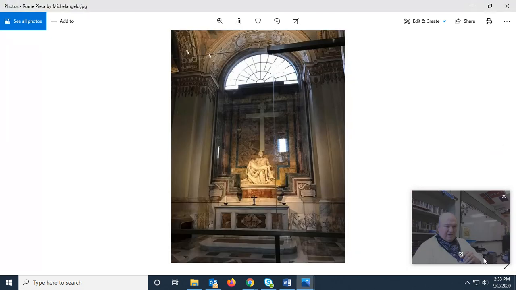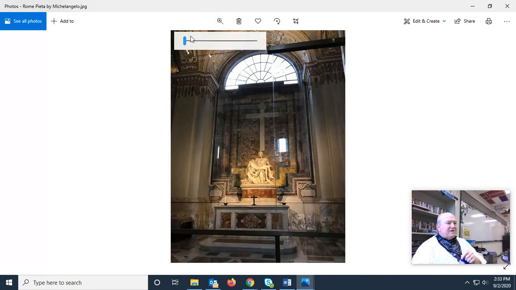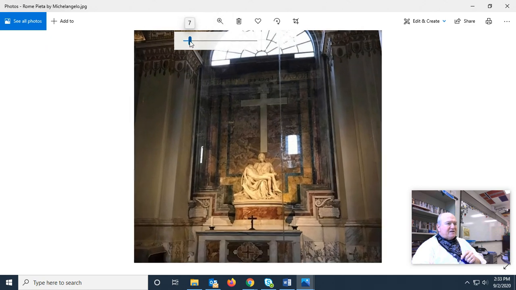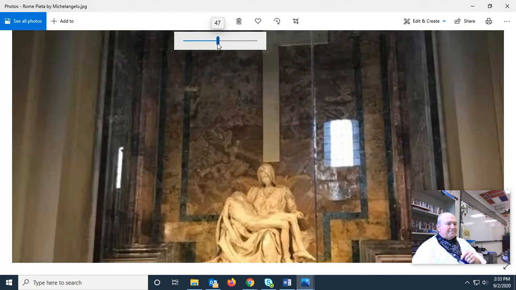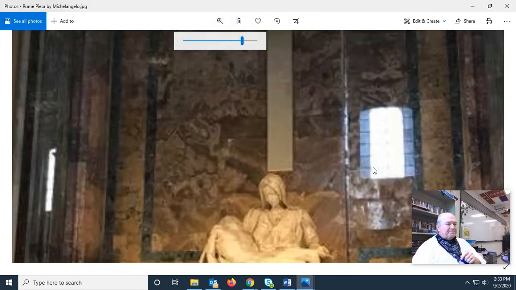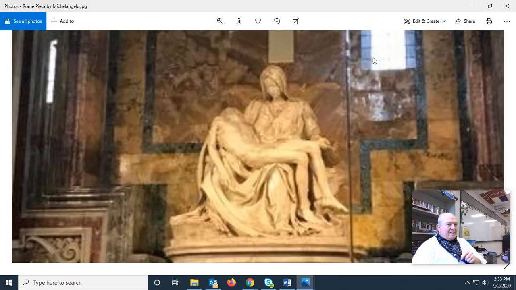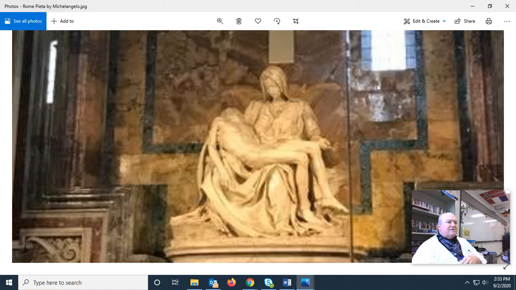This is the Pietà. Not a Pietà, the Pietà. Yes, this is the Pietà, which was done by Michelangelo as well. It shows Mary cradling the fallen body of Christ.